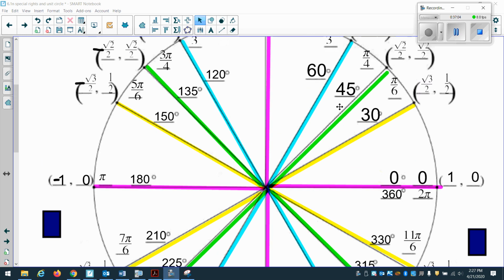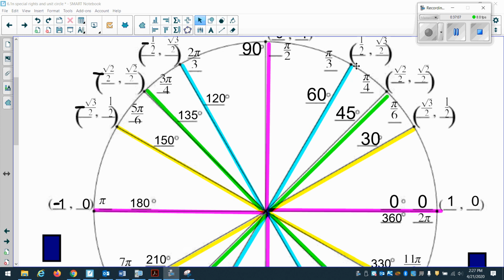Now, if you look at this diagram, you're going to notice that all 60-degree angles, or reference angles, meaning their coordinates are exactly the same, just different signs, in radians, their denominator is the same.